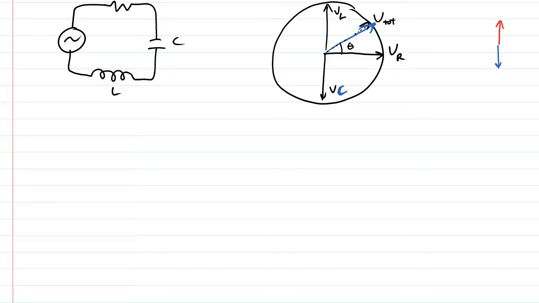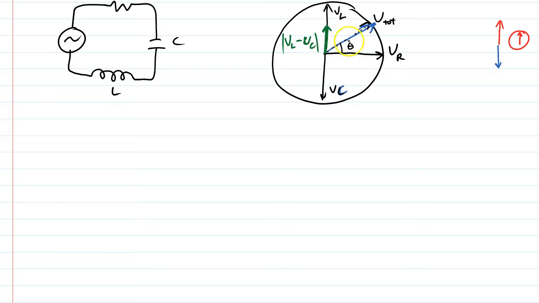If one is larger, your total vector is going to be in the direction of whichever vector is bigger. Let's just say, for simplicity, that L is bigger. So when you add VL and VC together, you get this vector right here, and we would denote this as VL minus VC. We're basically assuming that L is bigger than C, and that green vector represents our difference.